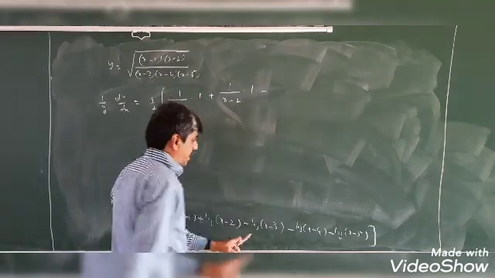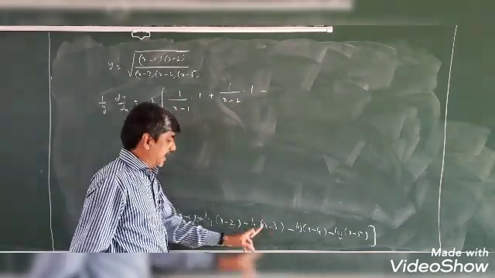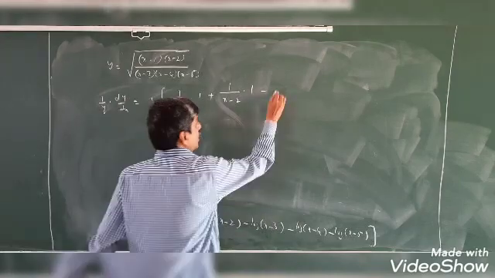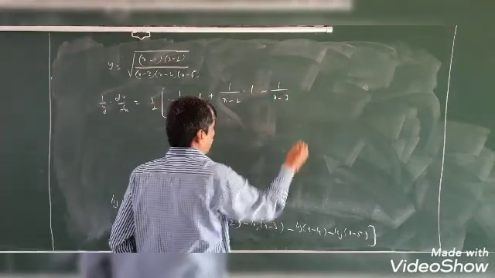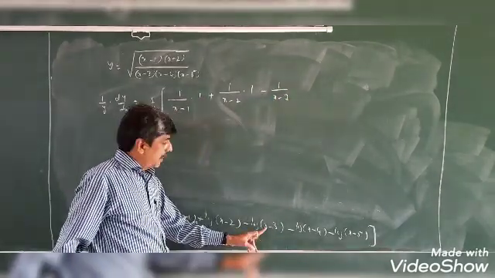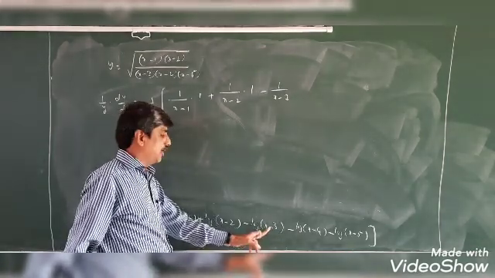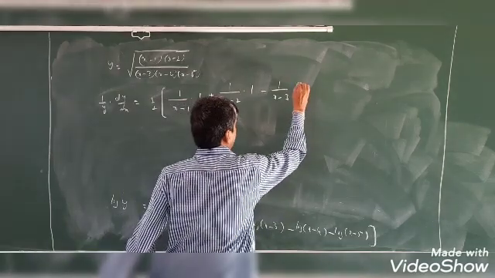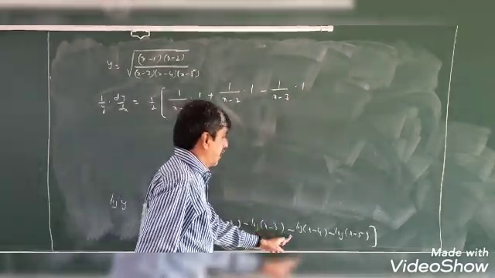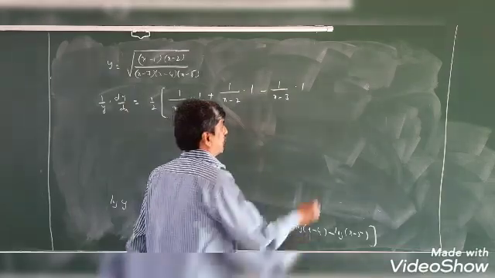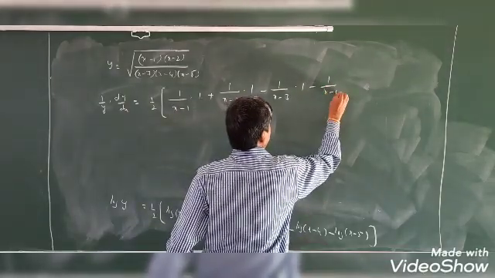Minus d by dx of log of x minus 3. d by dx of log x is 1 by x, in the place of x, x minus 3 there. Then d by dx of x is 1 minus d by dx of 3 is 0, 1 minus 0, so that is 1. Minus d by dx of log of x minus 4. So 1 by x minus 4.